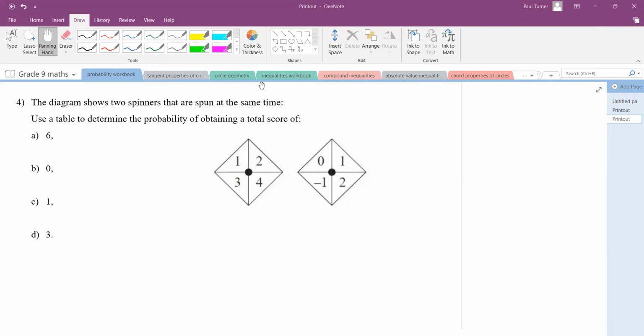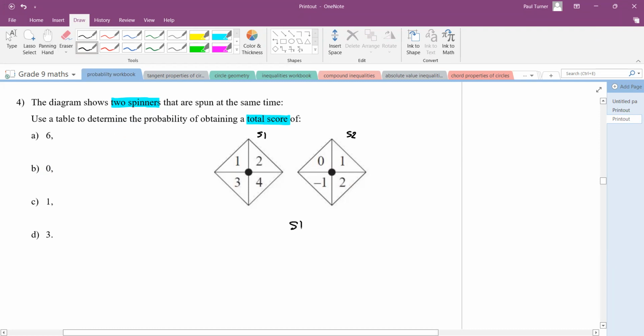Okay, so in question 4, we have a diagram that shows 2 spinners again, and we spin them at the same time. Use a table to determine the probability of obtaining a total score of each of these numbers. So let's make our table first. So we'll call this spinner 1 and spinner 2.